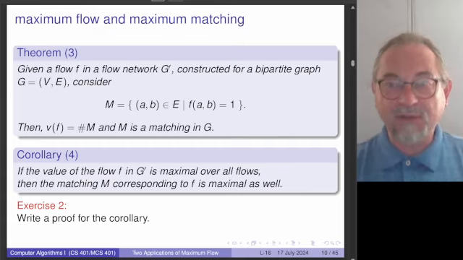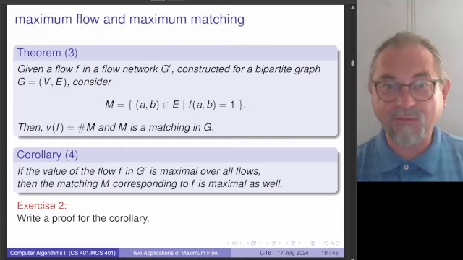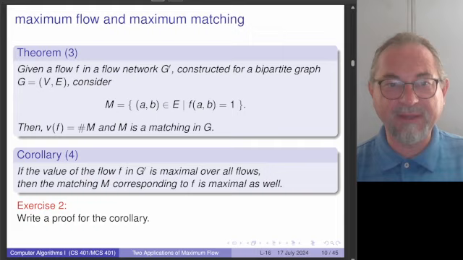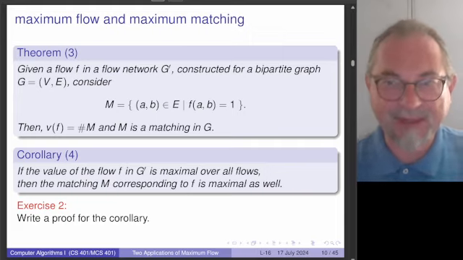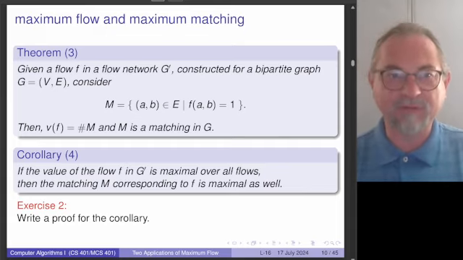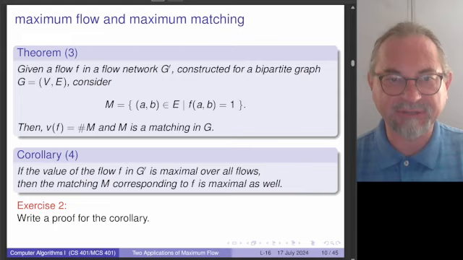Okay, so what we were after was actually the maximum flow. So if we have the maximum flow, then its value equals the size of the matching. So the corresponding matching is also maximal.